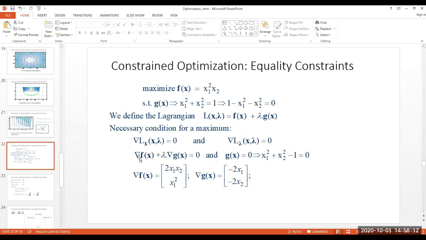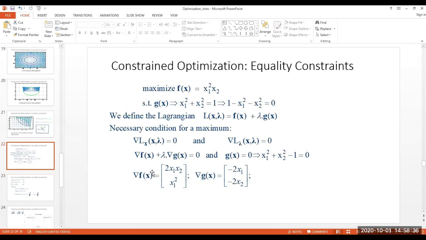Simply you get this. So this vector or matrix, whatever you say, plus lambda into this. So you would get 2x1 x2 minus lambda 2x1 equal to 0, and you would also get x1 squared minus lambda into 2x2 equals 0.